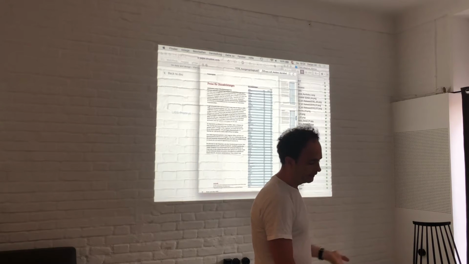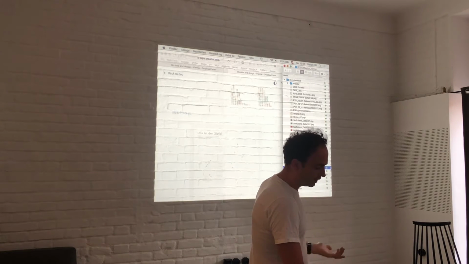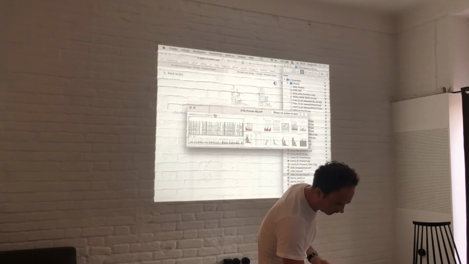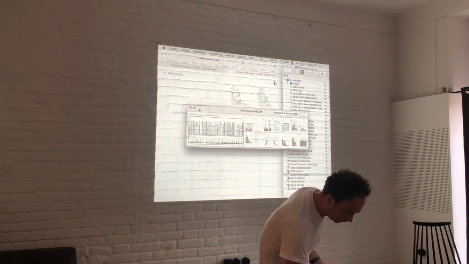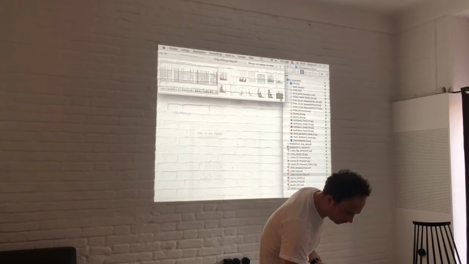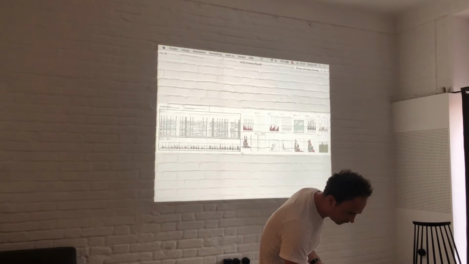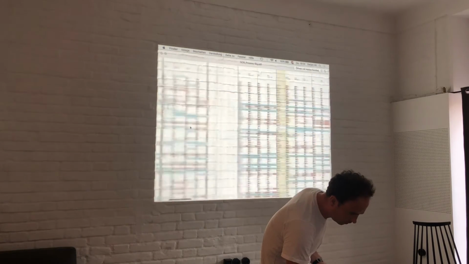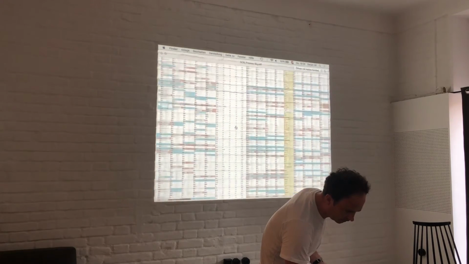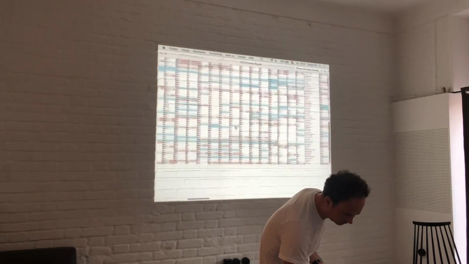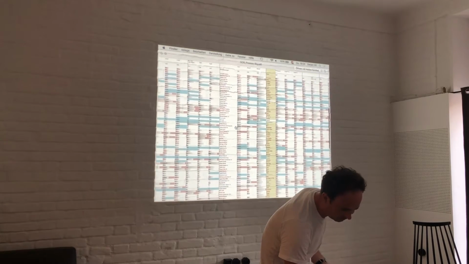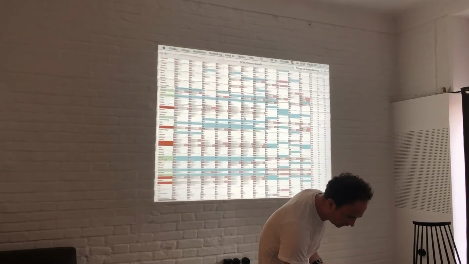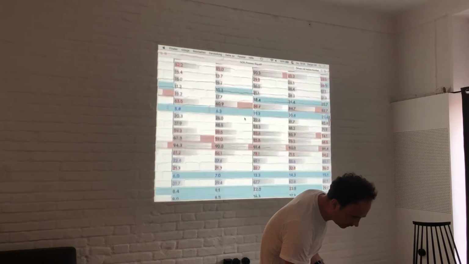I would like to show this a little bit bigger because the projection is also challenging. Okay, so this is the whole data. Probably some of you are laughing because it's not that big. Anyways, cool, I can zoom in.